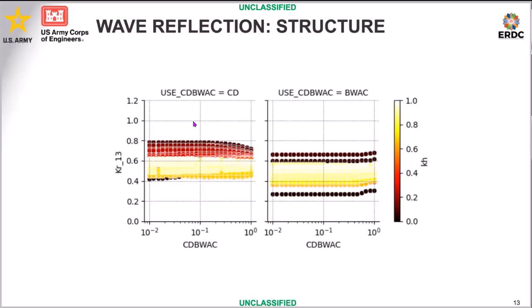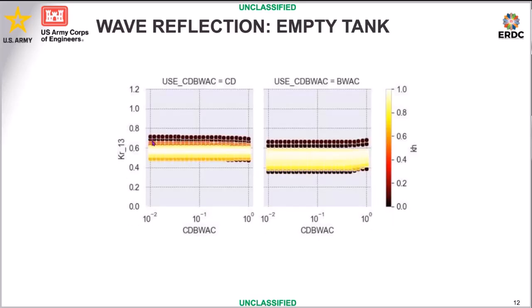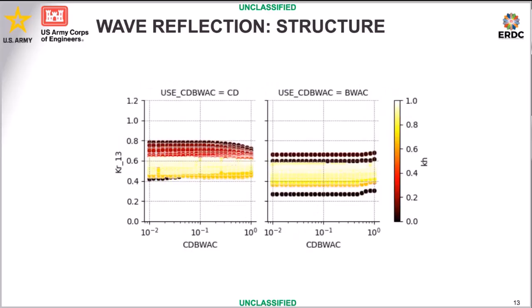This is with friction, with the structure. So if I jump back and forth, we were seeing in just the flat tank that the range of reflection coefficient was between 50 and 70% reflection, and it was narrow. Versus adding the structure, we have a range of 40 to 80% reflection possible, with the mean being closer to 60% reflection, and the total spread was larger.